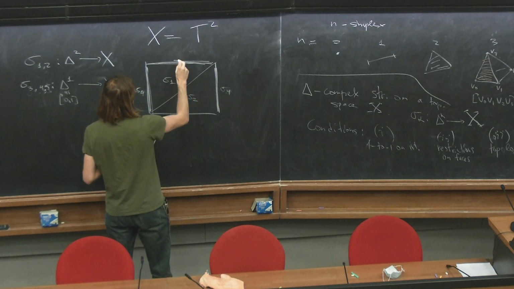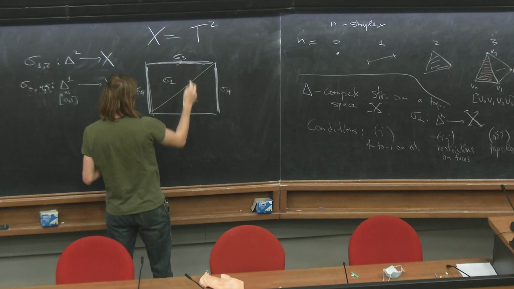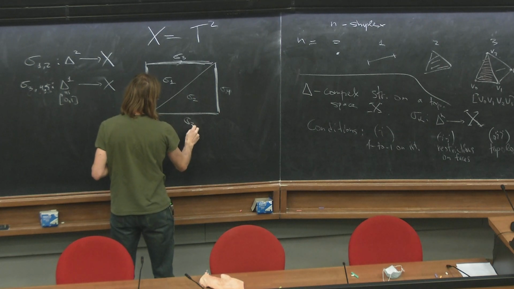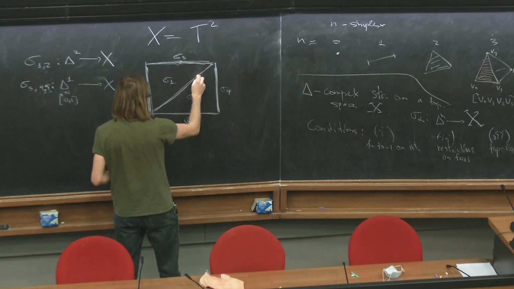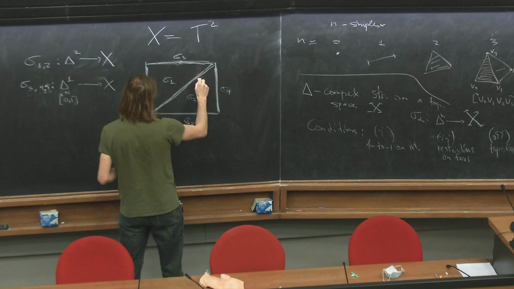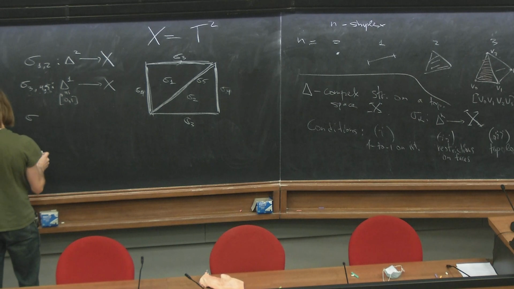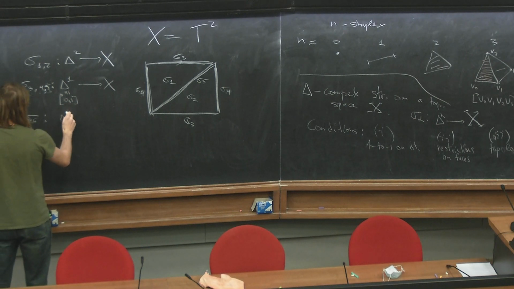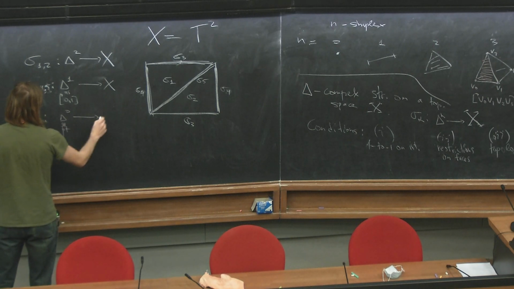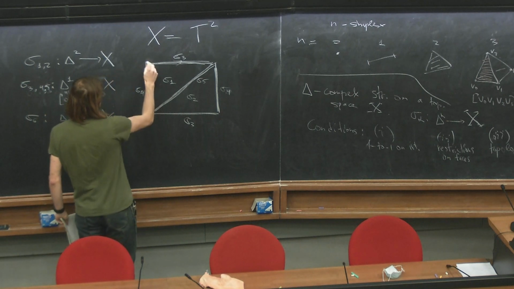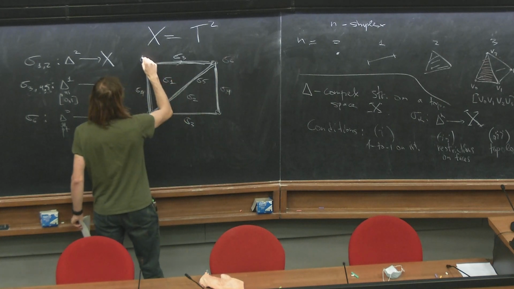This will be the image of sigma 3, which is the same as this edge, and this diagonal interval will be an image of sigma 5. Finally we will need sigma 6, a map from a 0 simplex, which is a one-point space, to X, and its image will be just this point, which is the same point.